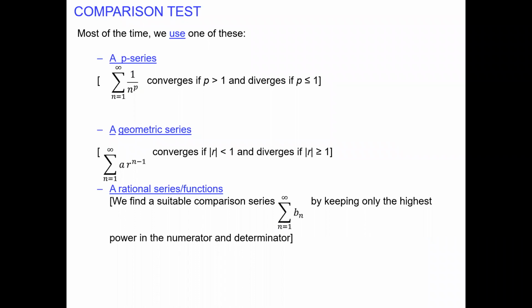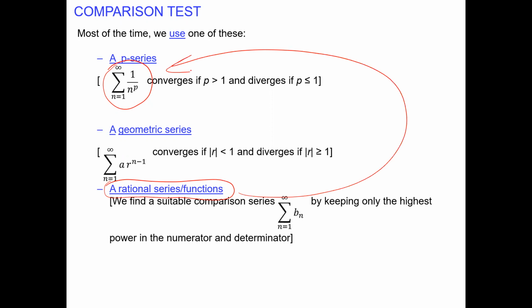What is helpful to know? Like what we will compare to? Usually the p series is a good, simple, known formula, and we can try to compare. And usually when we have a rational function, rational expression, rational series, we may focus only on the leading terms of the highest power of the numerator and denominator, simplify, and then compare to the p series.